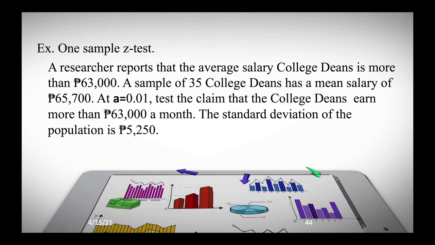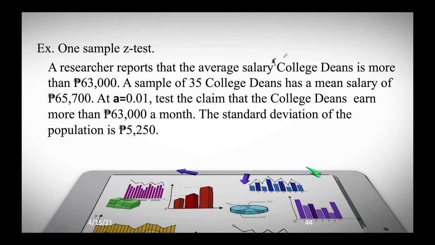Now, we have here an example, and as much as I can, I will try to solve and teach you the very convenient and detailed, easiest step-by-step way of solving this type of problems, okay? So as an example, we have here the researcher reports that the average salary of college deans is more than 63,000 pesos.